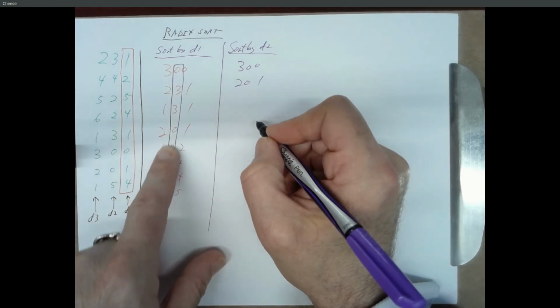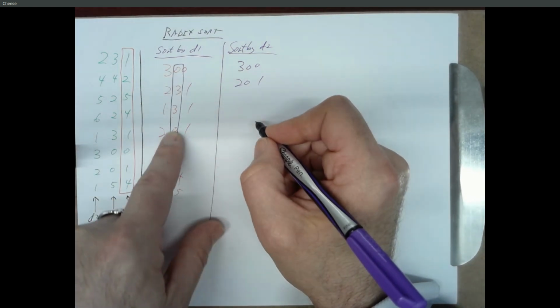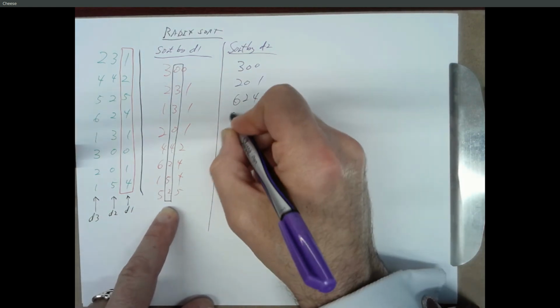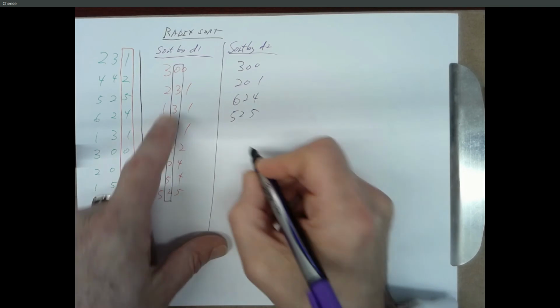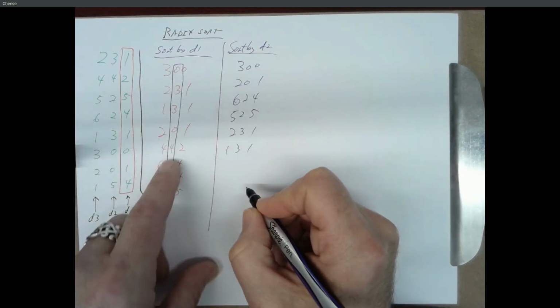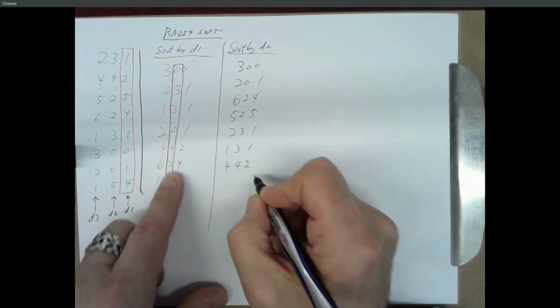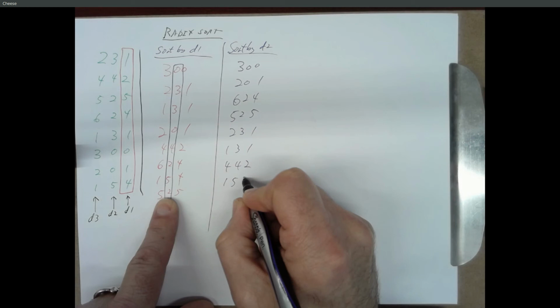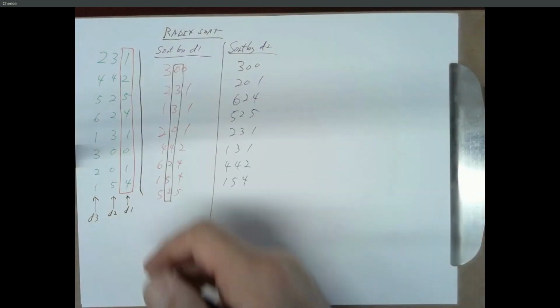Find all the things that have a 1, anything with a 2: 624 and 525. Anything with a 3: there's 231, 131. Anything with a 4: looks like 442. And anything with a 5: 154, and then no 6s, 7s, 8s, or 9s.